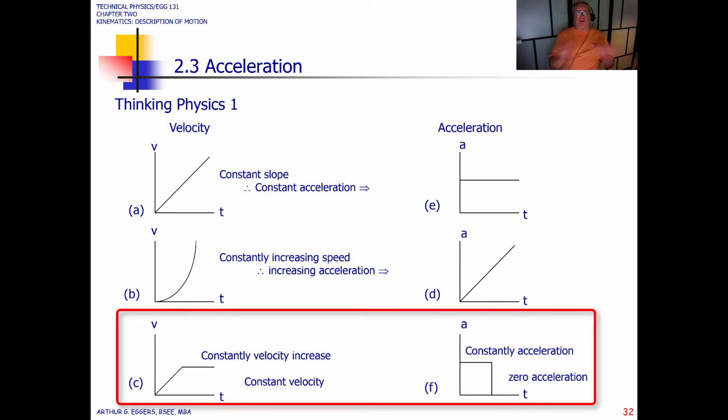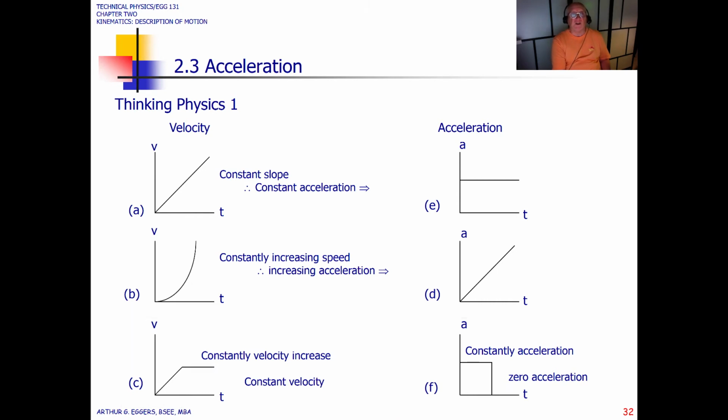So we're able to tell what's going on graphically by looking at one versus the other. Okay, if we have constant velocity, we have constant acceleration. If we have constant acceleration but it's not linear, we have increasing acceleration. And then finally, the two part, we have constant acceleration, then constant velocity, no velocity change, no acceleration.